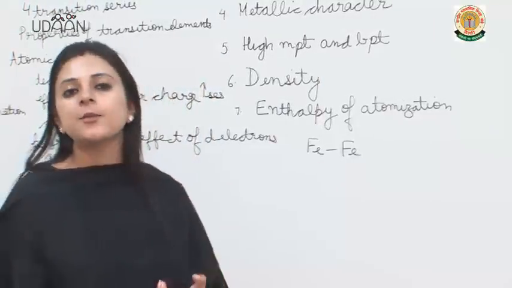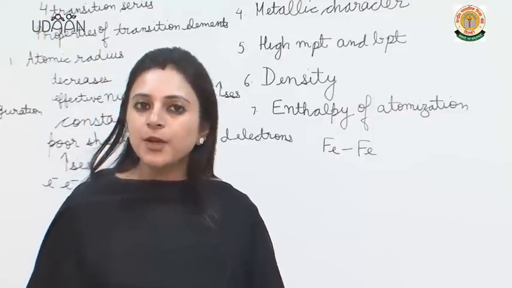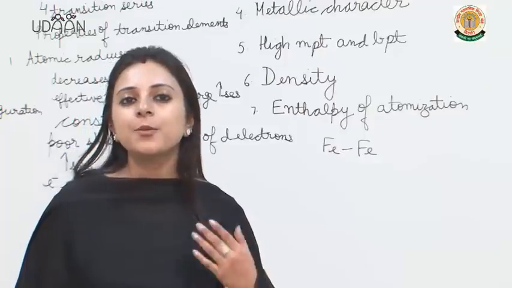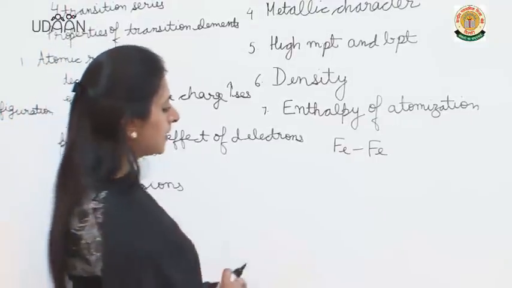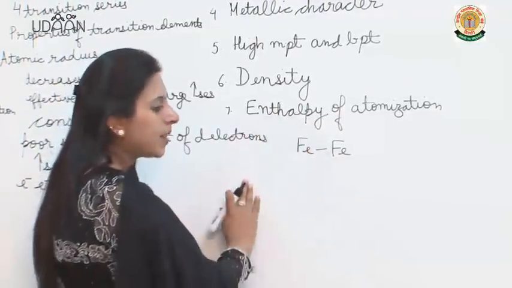Now why the enthalpy of atomization is high? Again the same reason, due to the presence of unpaired electrons metallic bonding is strong, जिसकी वजह से enthalpy of atomization is high.